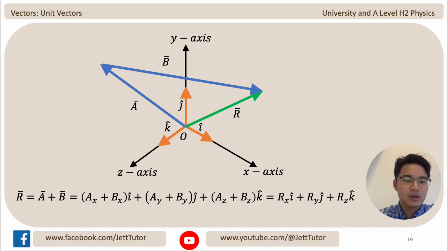And then when we have a resultant vector that is composed of A bar plus B bar, it will equal Ax plus Bx in the i hat direction, plus Ay plus By in the j direction, plus Az plus Bz in the k direction, which is equal to Rx i hat plus Ry j hat plus Rz k hat.